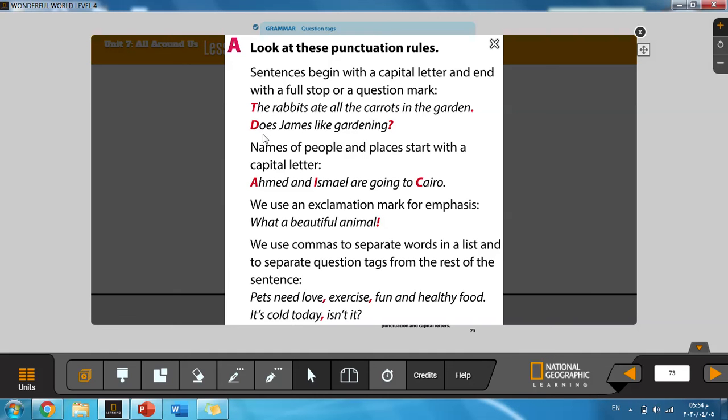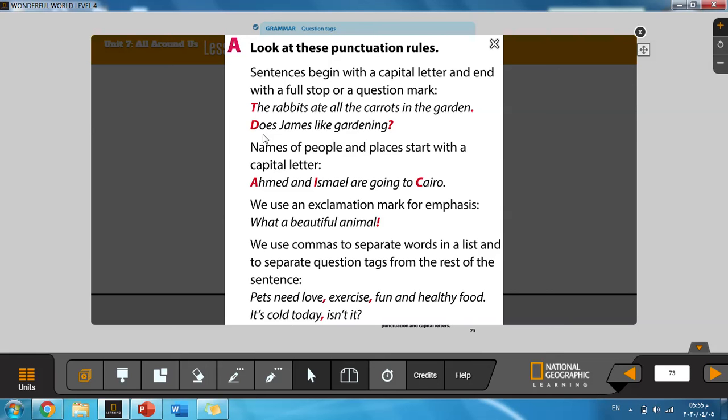Does James like gardening? I'm asking a question about James, so I started the sentence with a capital letter and put a question mark at the end.